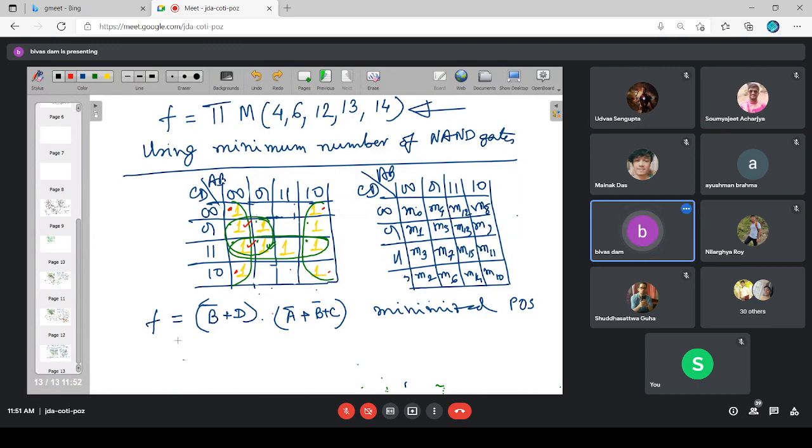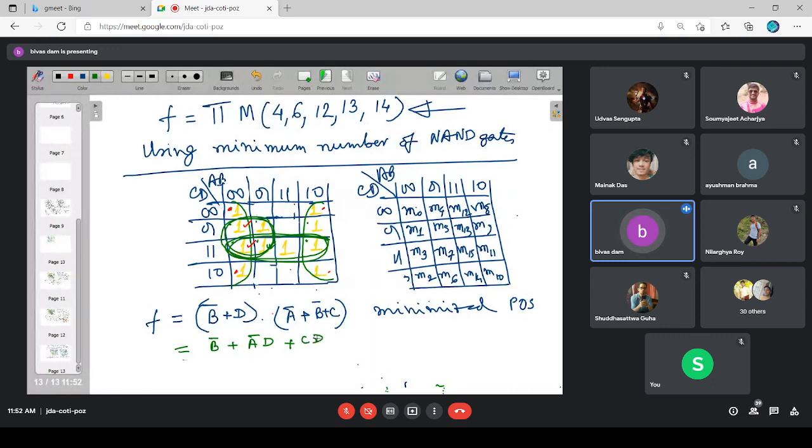So the function is, if I go for the octet, what is the function? B complement. B complement plus. Then if I go for this one, D. Then if I go for this one, that will be CD.